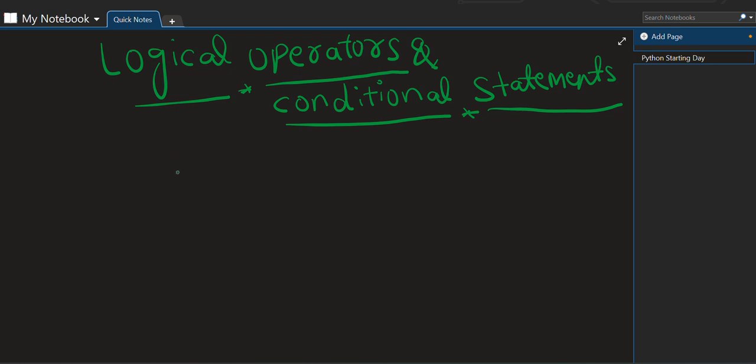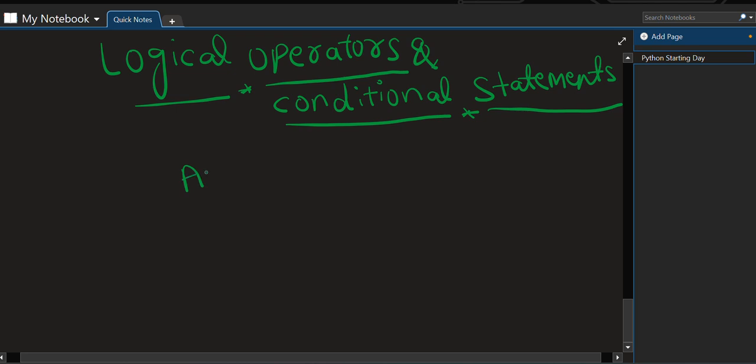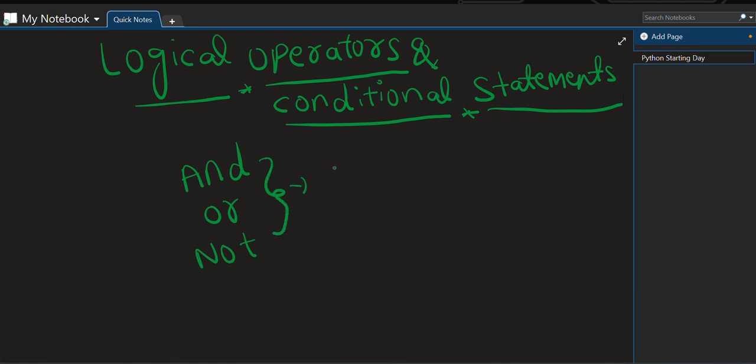Some of the logical operators are and, or, not. These are the three main important logical operators in Python we commonly use. And coming to conditional statements: if, elif, else.